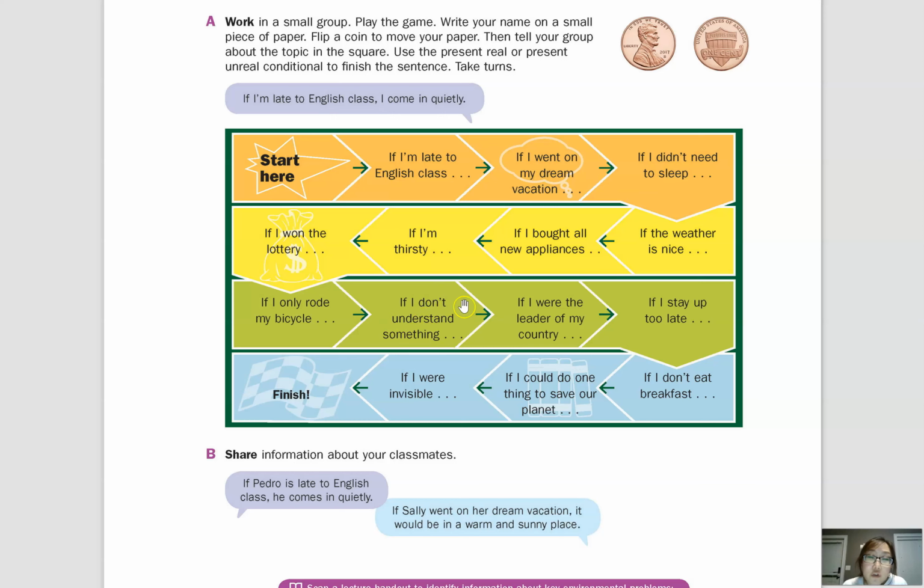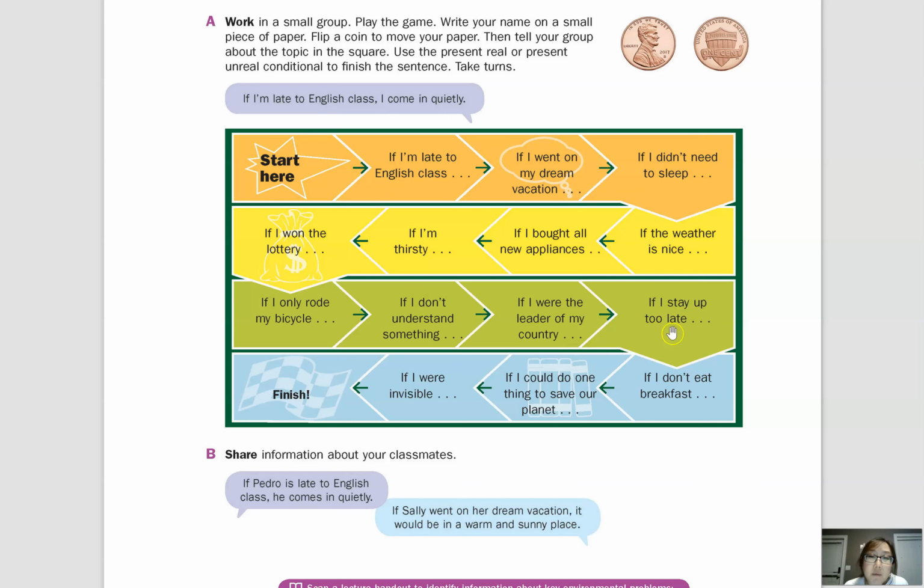And then the next one. What do you do if you don't understand something? And then, what would you do if you were the leader of your country? And then, what do you do if you stay up too late?